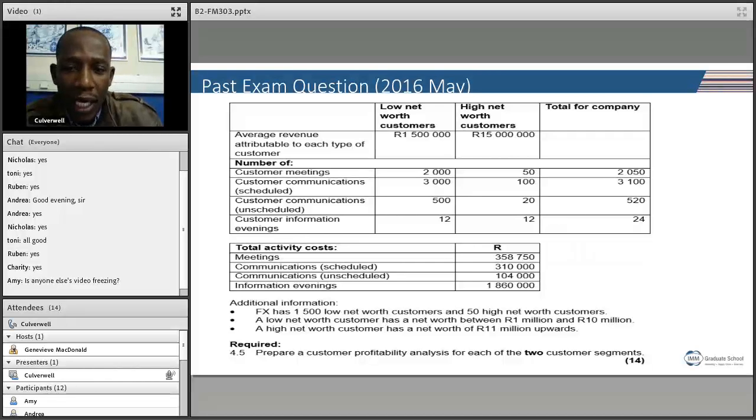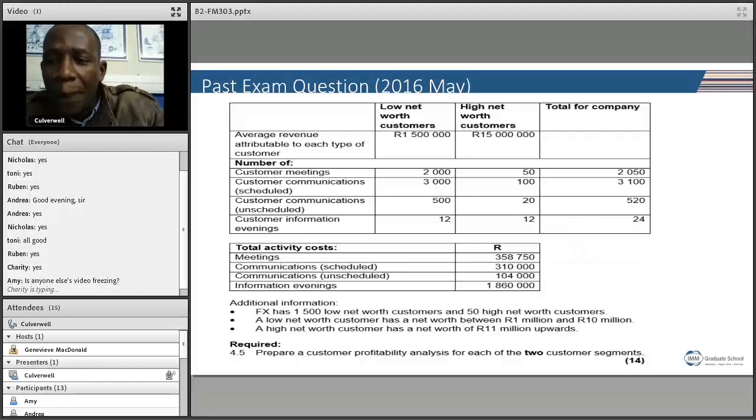If you add the total of that row, it is 2,000 customer meetings held servicing low net worth customers, and also 50 customer meetings held with high net worth customers.